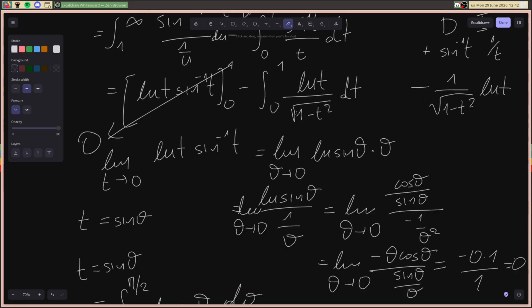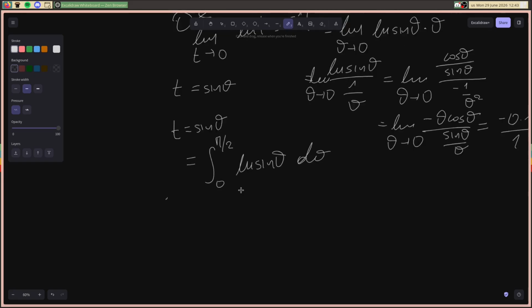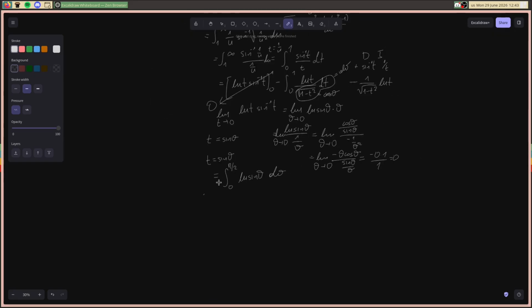Notice that 1 over square root of 1 minus t squared is actually the cosine theta here. Okay, so these two are actually just our d theta. And finally, well, negative this.